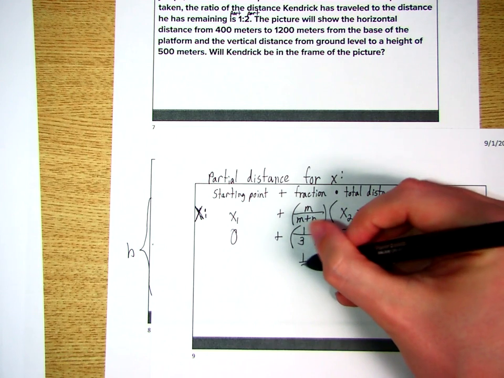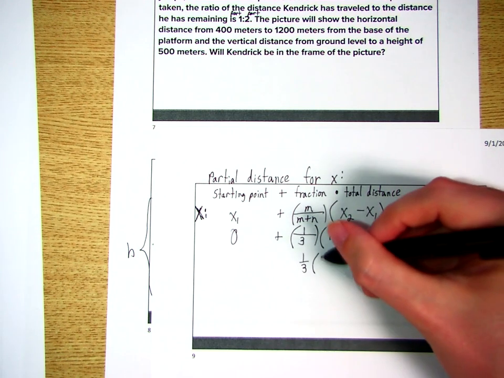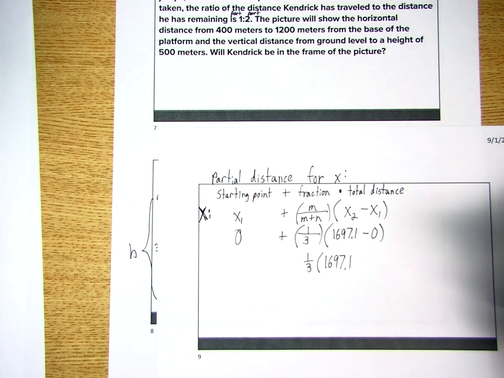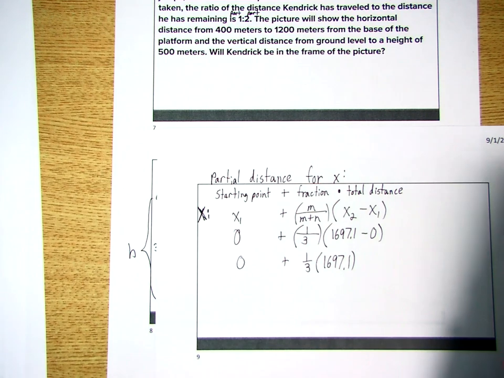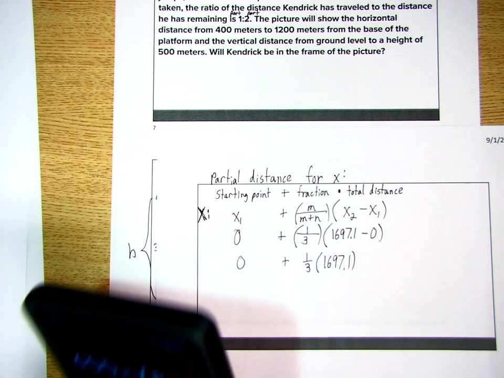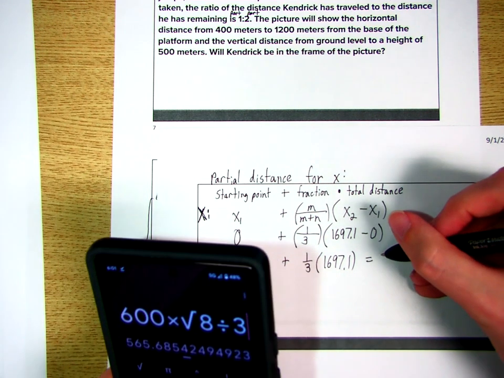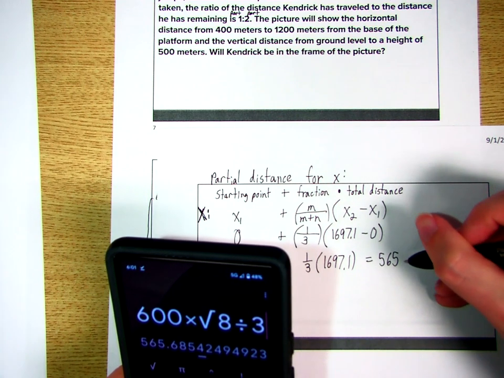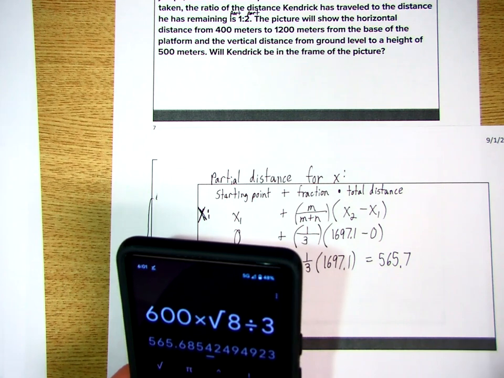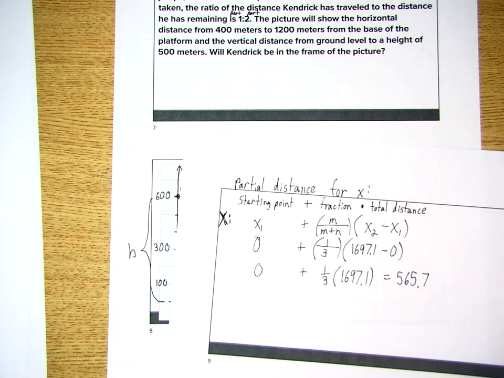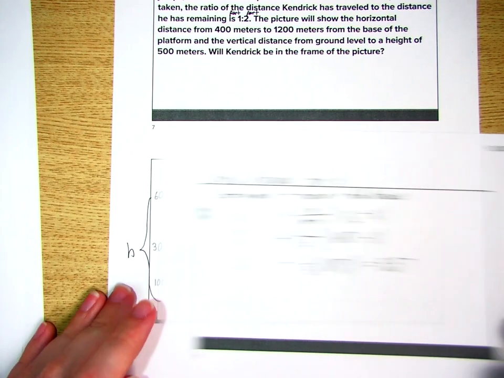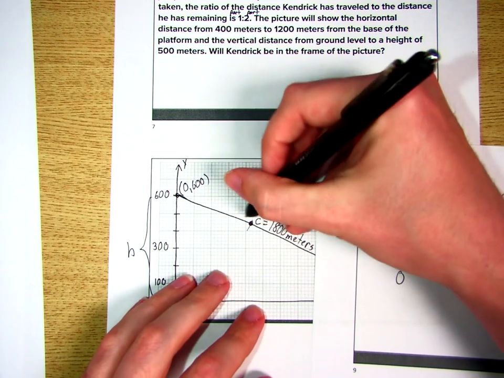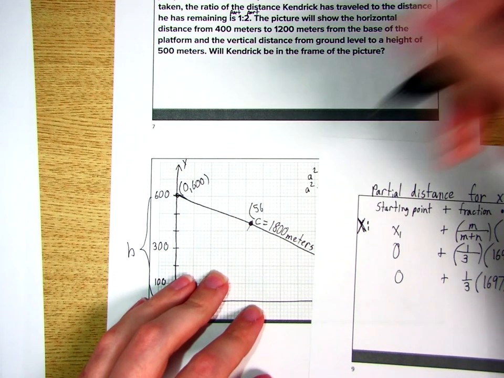Or much more simply, 1/3 of 1,697.1. We're just evaluating that. This numerically gives us a value of 565, we'll say 0.7, rounding it to 1 decimal place. So that means the x-coordinate for this point that I put down here is 565.7.